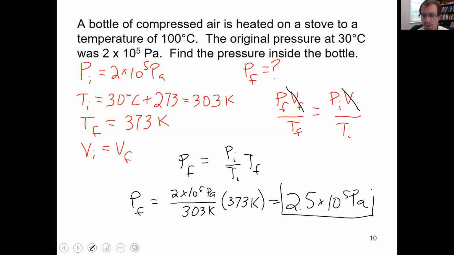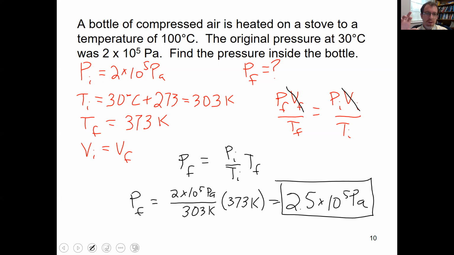Okay, so that would be our new pressure inside of this container. Now, if we heat it up enough, the pressure is going to be so large that the bottle can't withstand the pressure difference between the inside of the bottle and the outside of the bottle, and it'll burst. So don't do this. Okay.